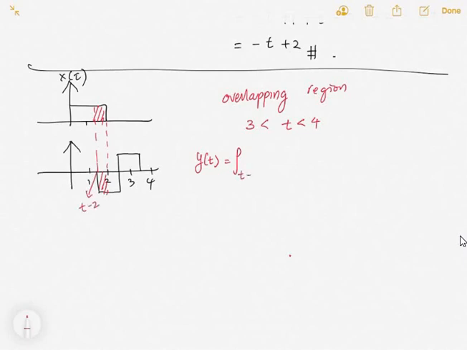So it's t minus 2 up to 2 only. Then 1 times negative 1, d tau. So you integrate, you get negative tau, and you get the limits. Then you get negative 2 plus t minus 2. Then you get t minus 4.